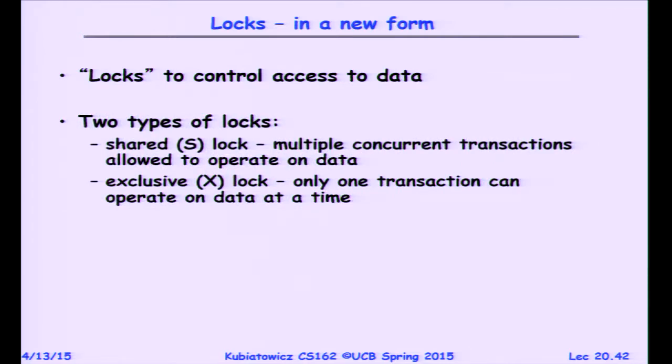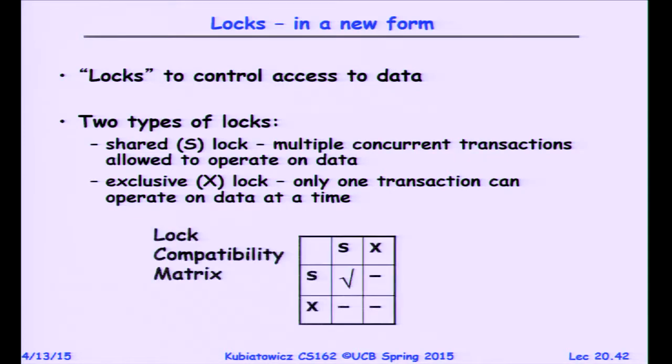Everybody remembers that cyclic possibility. So locks here we're going to start using to control access of data again. And there are 2 types of locks that typically show up in databases, just like there were before in shared memory. So there's shared lock and exclusive lock. And we often put a little compatibility chart together.